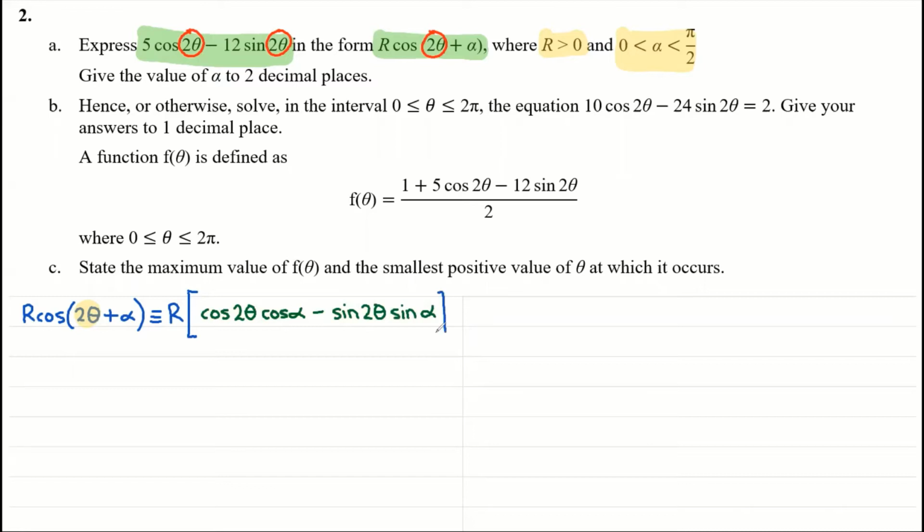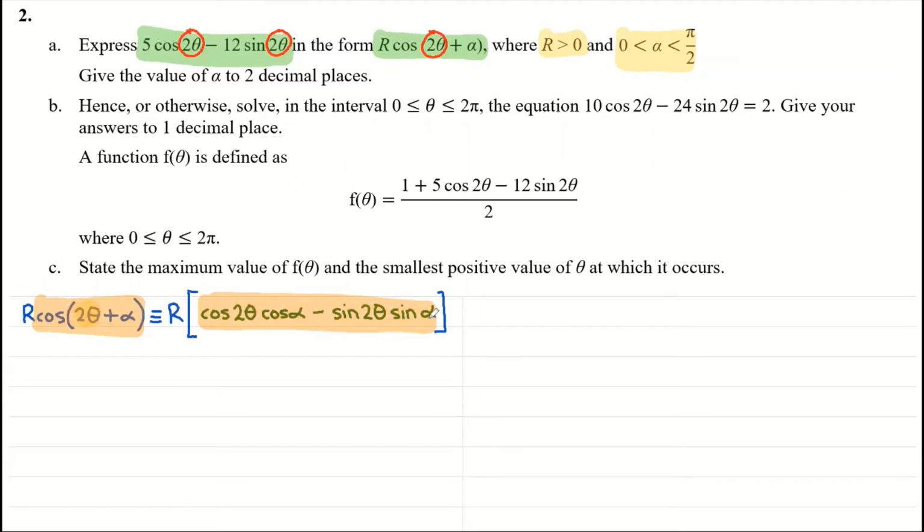Right, there we go. I would just take a moment to double check that, because that's exactly what I'm doing now. So have I used the identity correctly? So we've got the cosine of all that must be identical to all this stuff here. Right, it looks fine to me. So let's proceed.